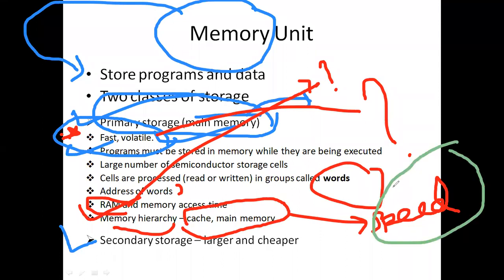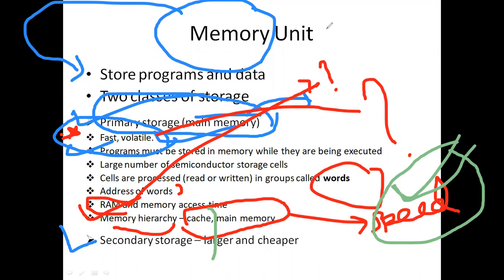Very good. Yes, speed matters. This memory hierarchy means we are organizing them with respect to speed. The cache is the fastest.